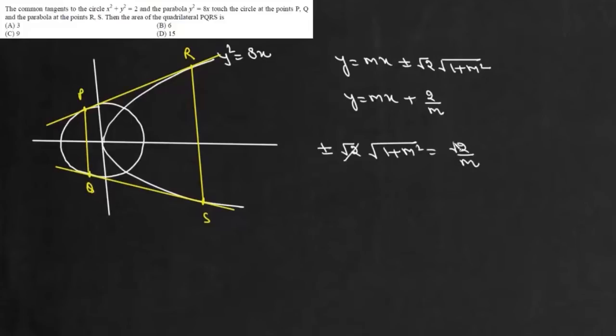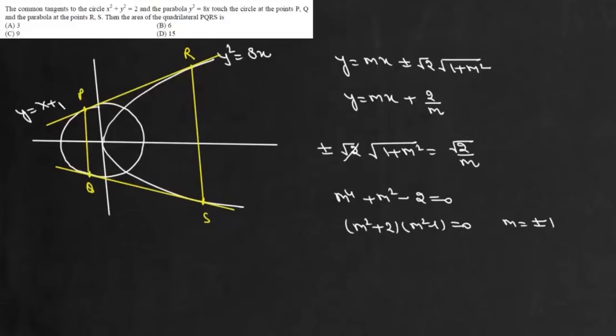If we square it, we can write m to the power 4 plus m square minus 2 equals 0, or m square plus 2 into m square minus 1 equals 0. So value of m is plus or minus 1. So equation of one of the lines is y equals x plus 2, and equation of the other tangent is y equals minus x minus 2.